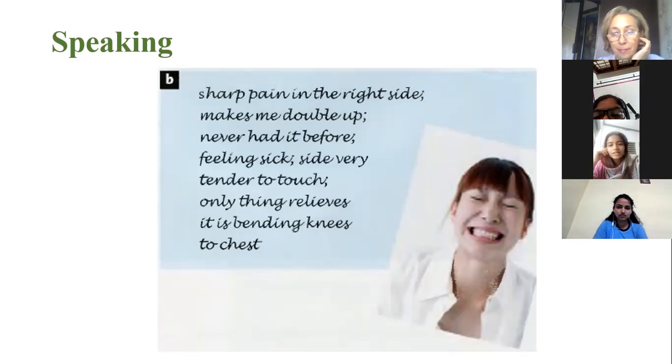How long did this pain last? I already said that it had never happened before. So it was the first time, and it increases when the pain comes. So, Shanisha, how severe is the pain?